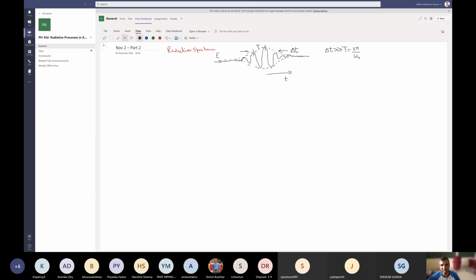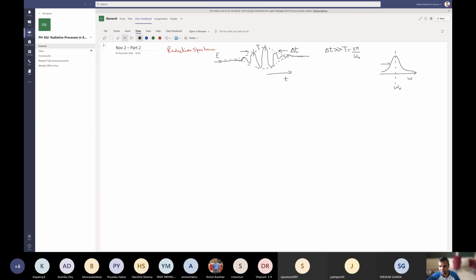Now this is in time space, but we can actually look at it in Fourier space, or in omega space, right? Formally this is done through Fourier transforms, but let me tell you. This is centered at omega naught. Most of the power comes at omega naught, the frequency corresponding to the time period of fast variation.